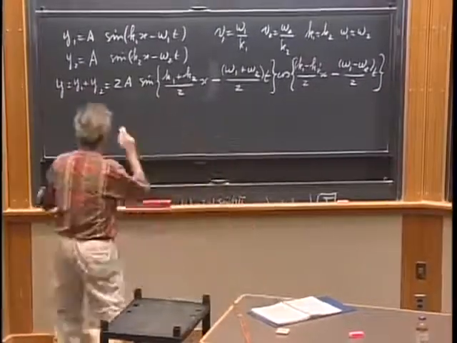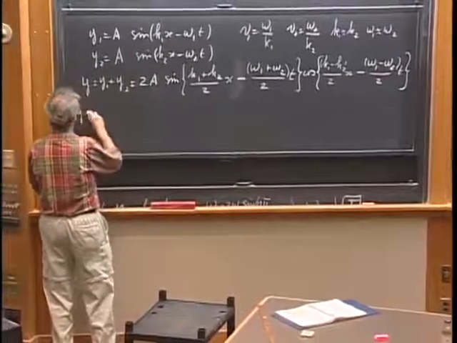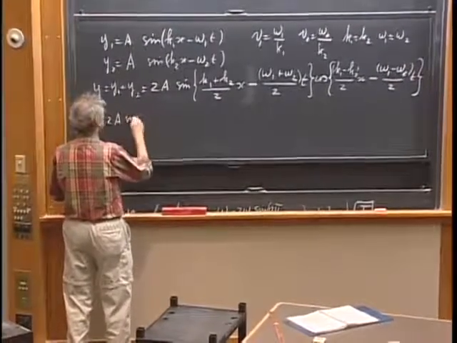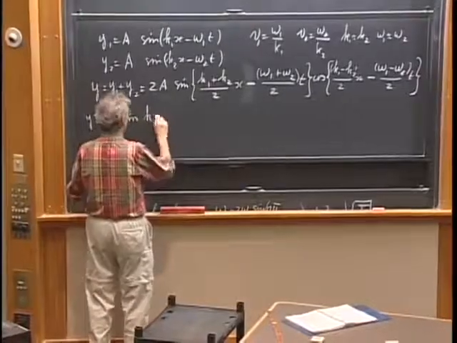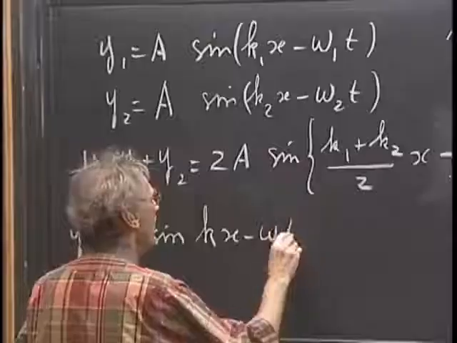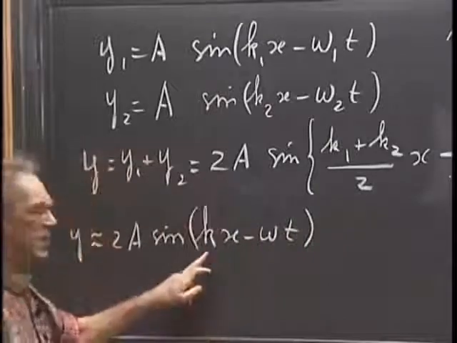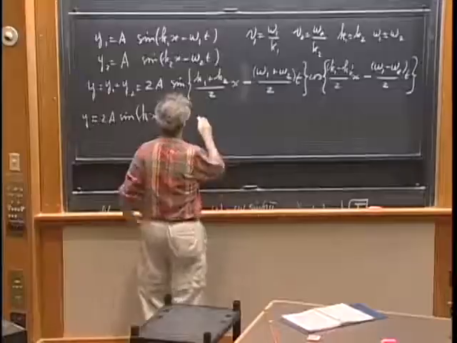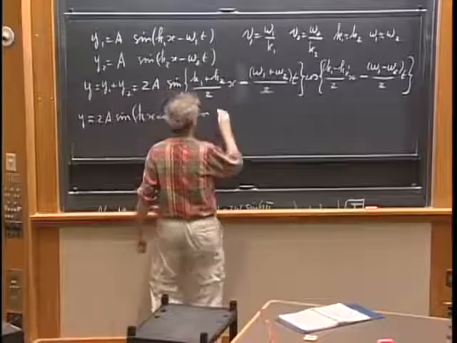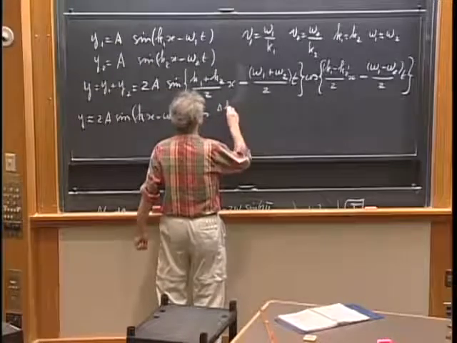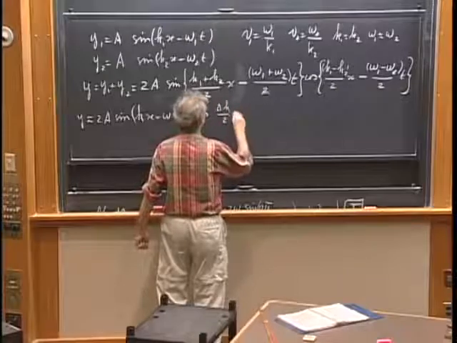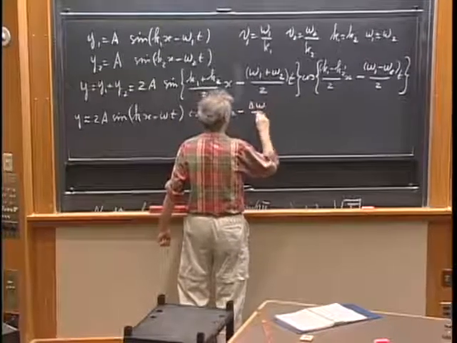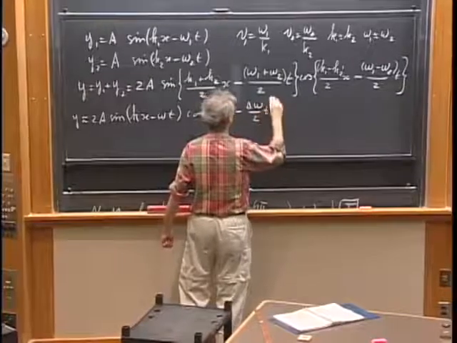So I can rewrite this now, that y is approximately 2a times the sine of kx minus omega t, k being now the mean value between the two, omega being the mean value between the two, times the cosine of delta k divided by 2 times x minus delta omega divided by 2 times t.